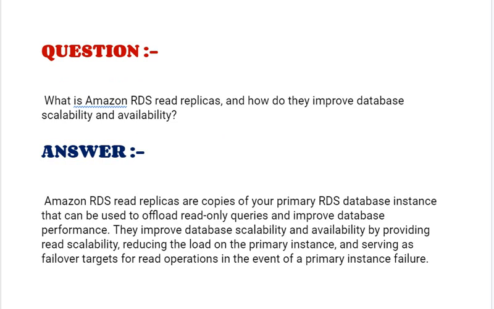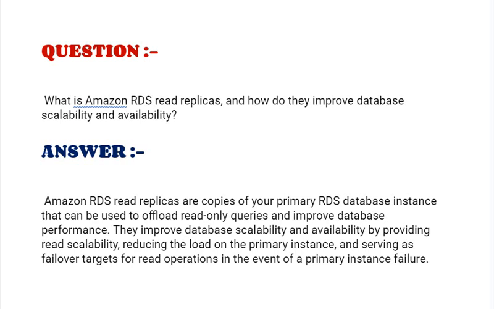Our next interview question is: what are Amazon RDS read replicas and how do they improve database scalability and availability? Your answer should be: Amazon RDS read replicas are copies of your primary RDS database instance that can be used to offload read-only queries and improve database performance.